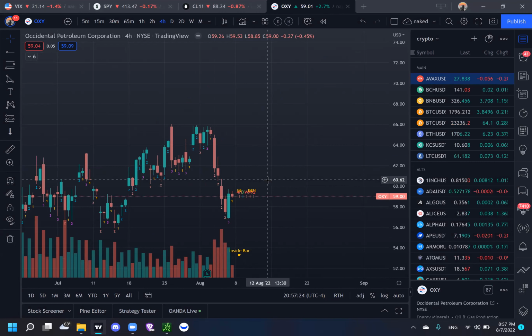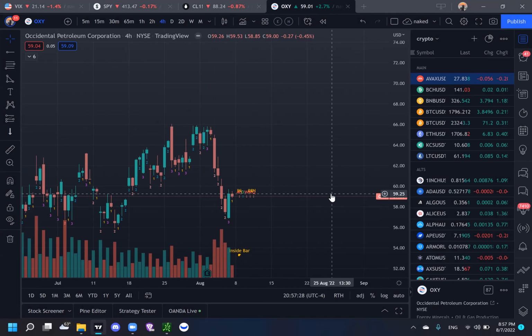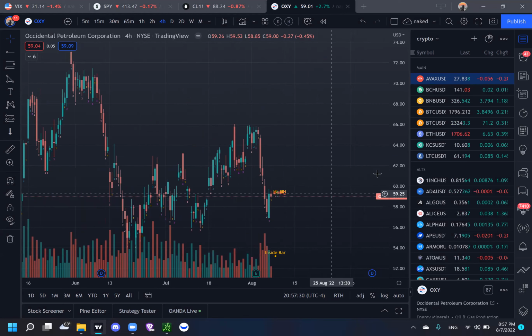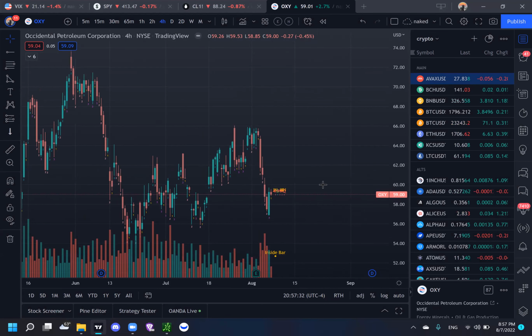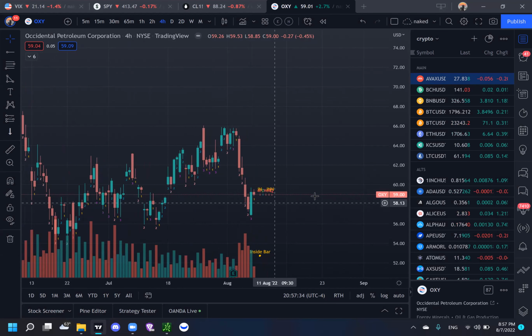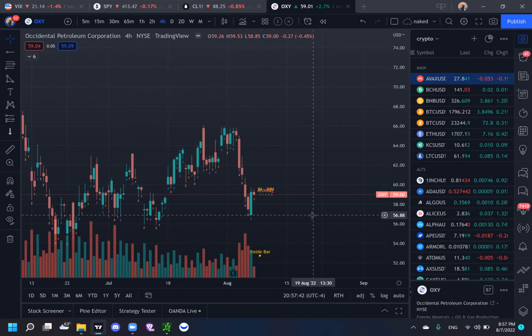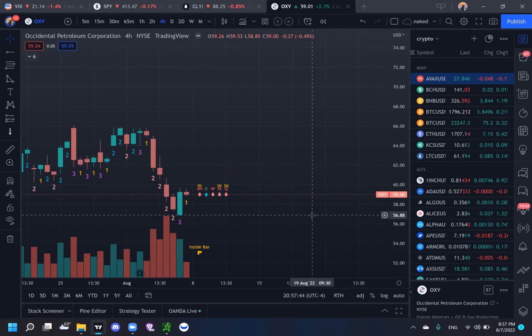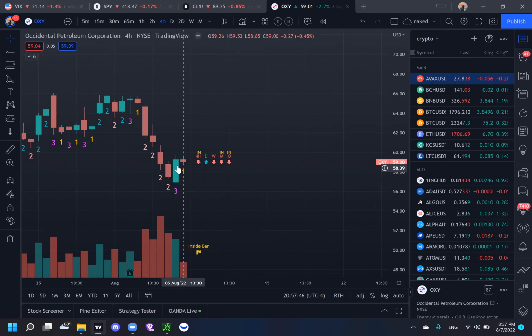I'll look at SPY next. I guess the Oxy one is okay. This can be a really ugly crooked one. Yeah, I wouldn't really see it as a TTO, honestly. It's too ugly for me. Let's see. This could be like a mini broadening formation, maybe on the hourly.